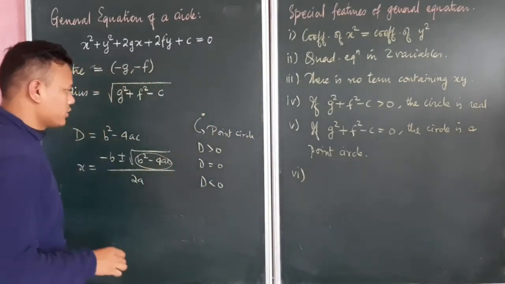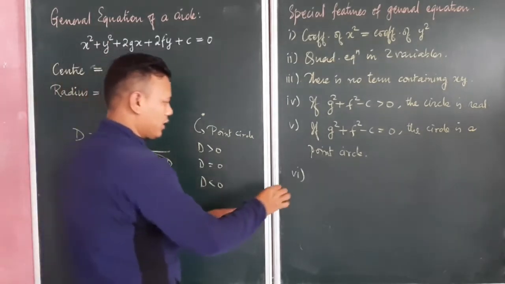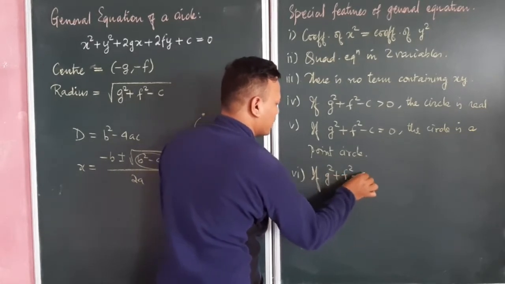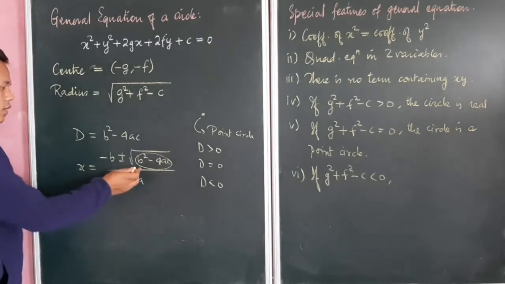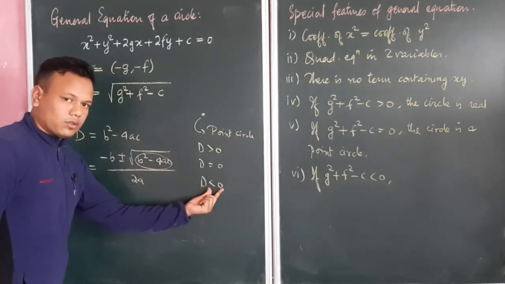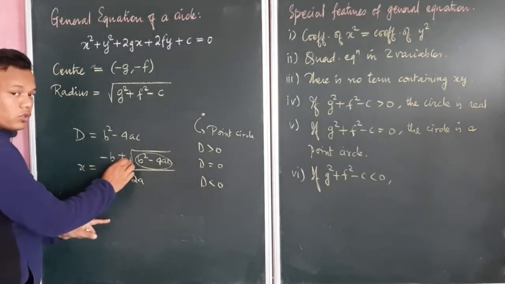And the last point is if g square plus f square minus c becomes negative, that is less than 0. As with the discriminant, if it is less than 0, then you get a negative number under the square root, right? And we cannot find the square root of a negative number.